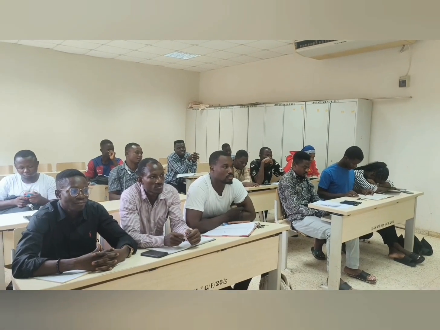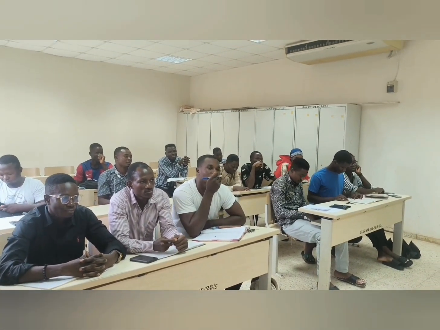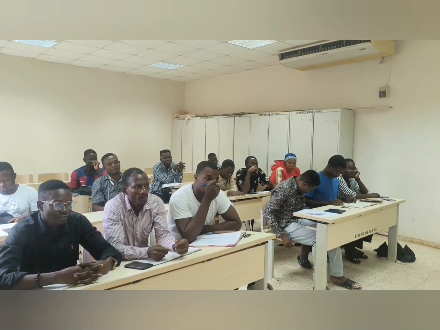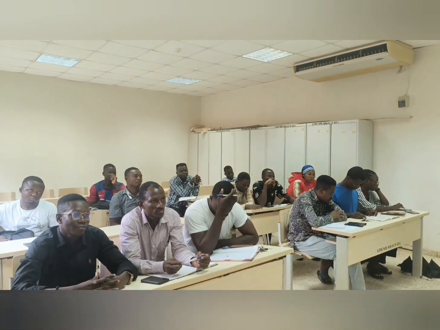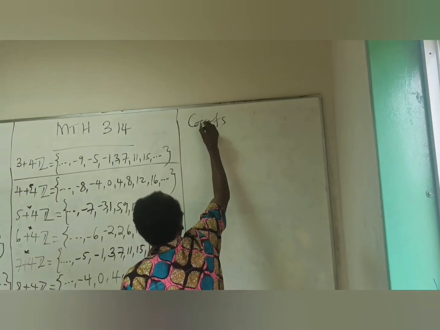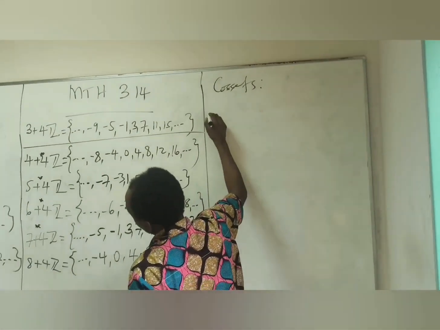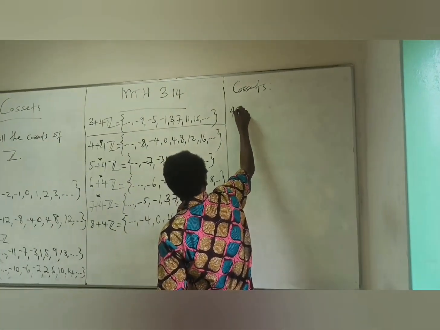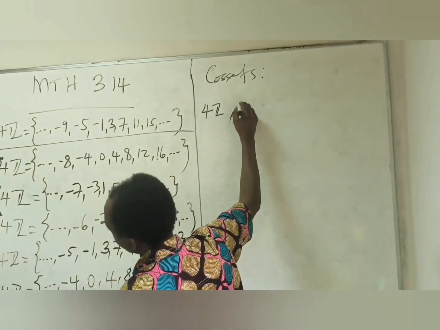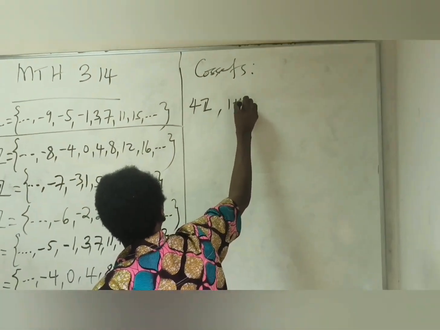Position yourself well. What do we say? What are our cosets? 4z. 1 plus 4z, is that not it?